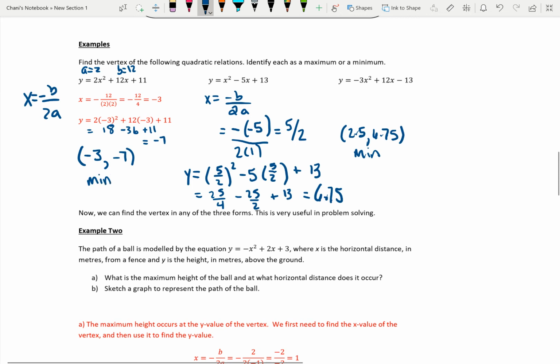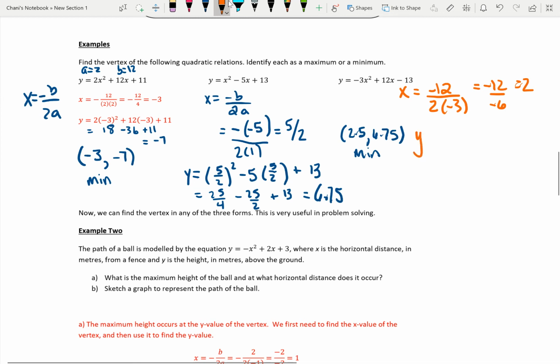So now let's do this one. I'll do a different color so you can differentiate here. So the x value of the vertex is negative b, so negative 12 divided by 2a, so 2 times negative 3. So negative 12 divided by negative 6 is positive 2.